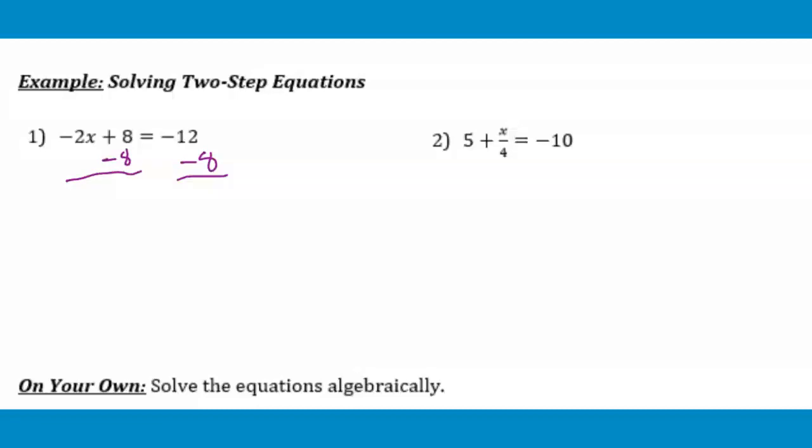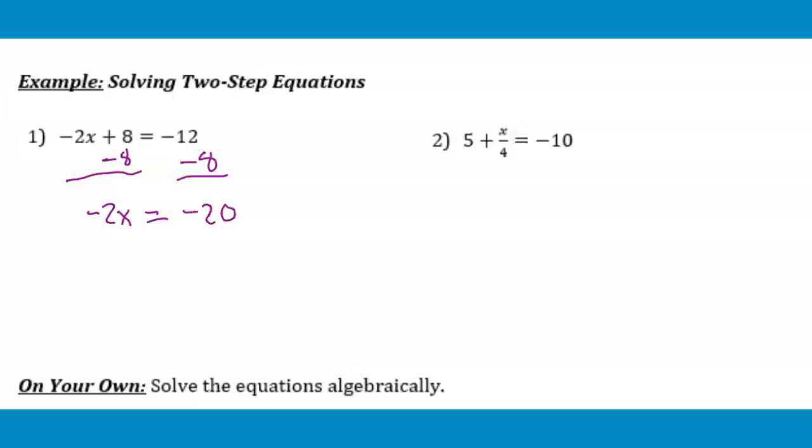On the left, I'm left with negative 2x. Bring down my equal sign. And negative 12 minus 8 is negative 20. Now I have this simpler equation to solve, and ask yourself again what's going on with x.